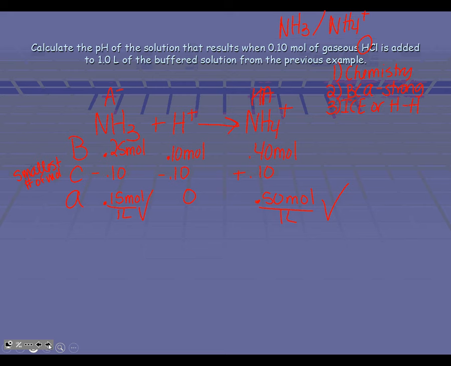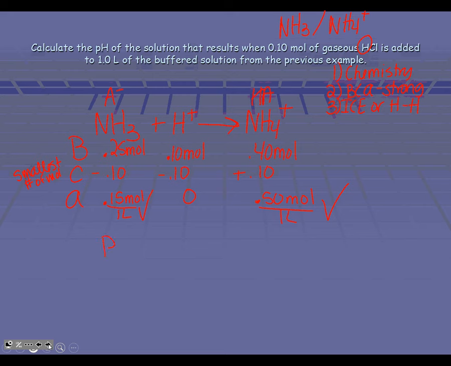And the reason I'm not even going to do my ICE chart on this particular problem is because remember back in the beginning when we were subtracting out our x's and adding our x's in our ICE chart, we ignored those. We canceled them out. So we don't even need that ICE chart. We know that the concentration of A minus and the concentration of HA aren't going to change.